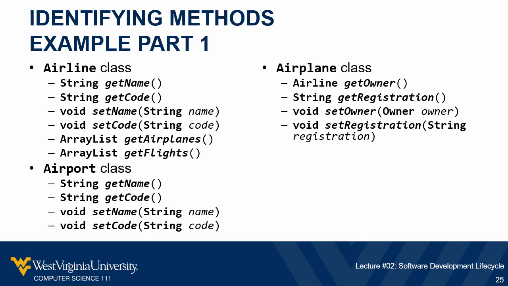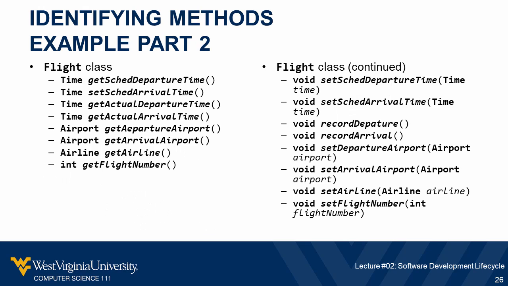Things get a little more interesting over in our flight class. In part, we have more fields there, so there are more getters and setters to configure. But we also have some methods here that aren't necessarily traditional getters and setters. For example, we have this record departure method, and we have record arrival. These are going to manipulate data that we have stored: the actual time that the flight departed and the actual time that it arrived.